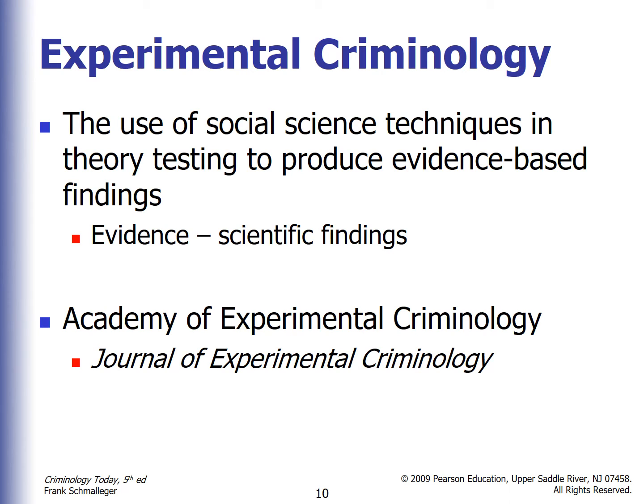And an organization that is involved in experimental criminology is the Academy of Experimental Criminology. Their periodical is called the Journal of Experimental Criminology, so that's where they publish the scientific research that is done by their members. Very similar to the document that I'm going to show you in class this week.